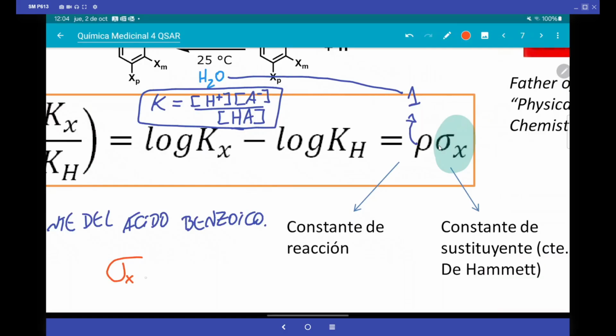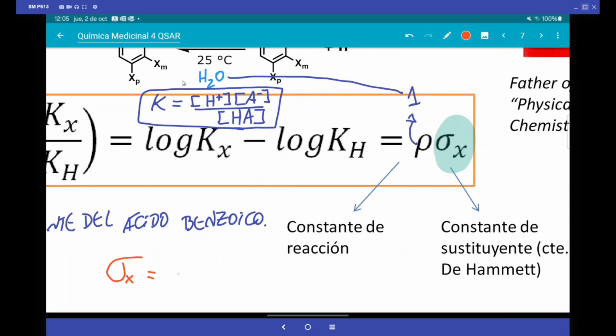Then sigma x is the Hammett substituent constant. If benzoic acid is our reference system to estimate this empirically, one can also calculate it, but one wants to have the empirical result. Then it is necessary to use benzoic acid, and all the groups are put there.